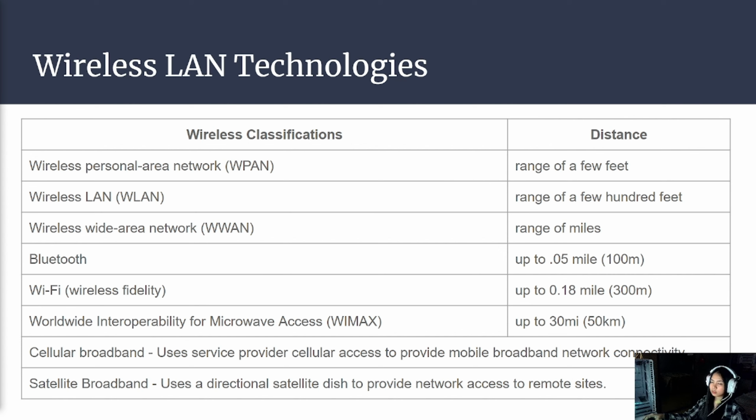Cellular broadband consists of various corporate, national, and international organizations using service providers' cellular access to provide mobile broadband network connectivity. Satellite broadband provides network access to remote sites through the use of a directional satellite dish.